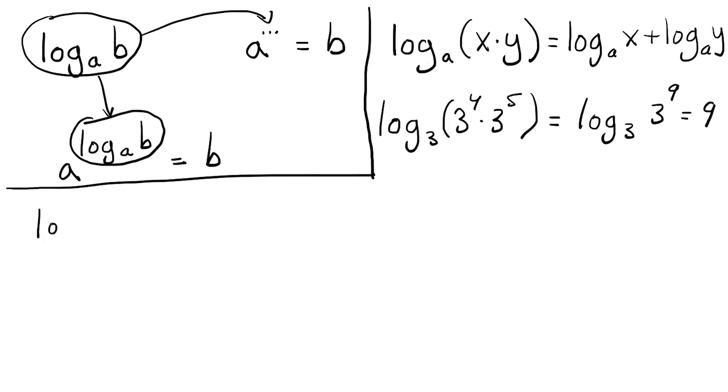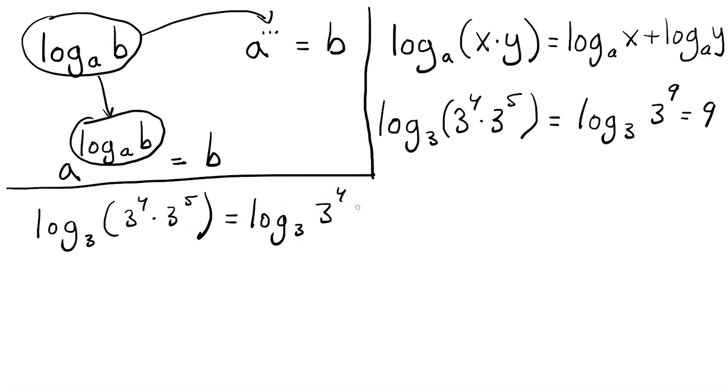Let me now use the rule. Instead of calculating this directly, I will use this rule here. And the rule says that I can take the logarithm of the factors individually and add them. So what's this?